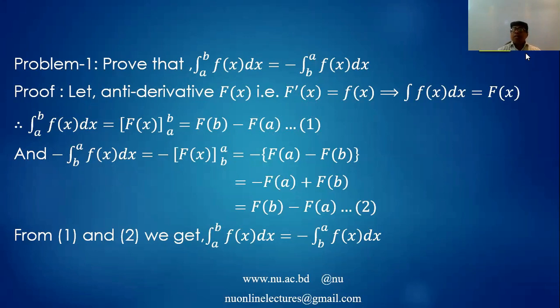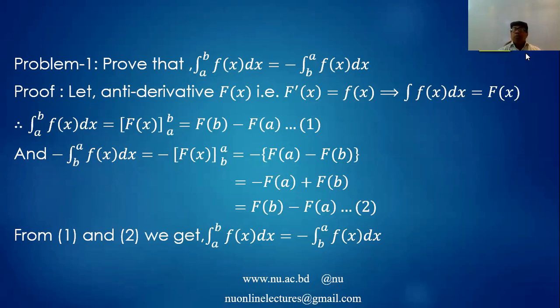F prime is a first derivative, and if you integrate the first derivative, it will be F of x. So we can take it this way: the integration of f of x dx equals F of x.